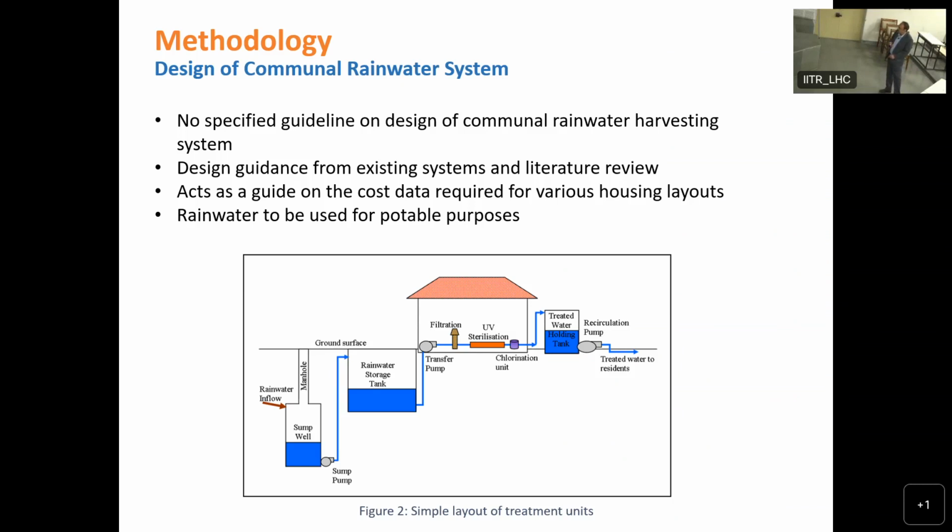You don't have to have a separate pump, but a submersible pump can be used for transferring water from the sump well, and that pump will operate based on the level in the sump well. You can have sensors, and it will turn on and off based on that. A similar function is being done in the actual case which I showed you for 50 homes.